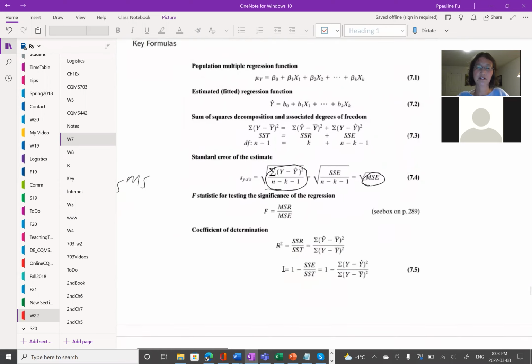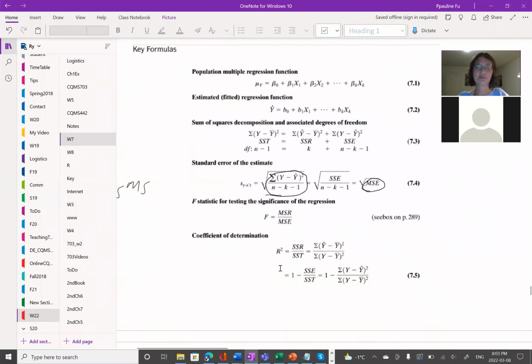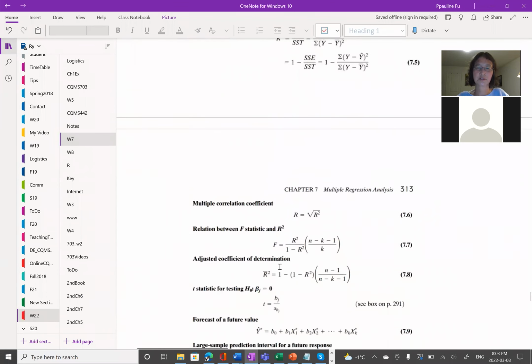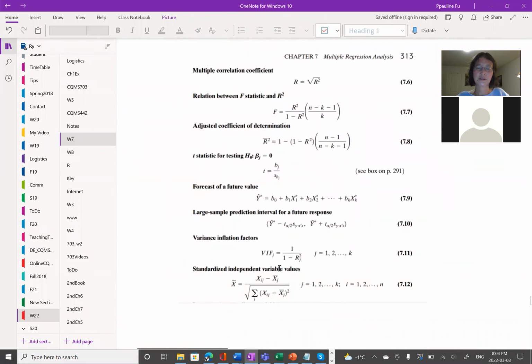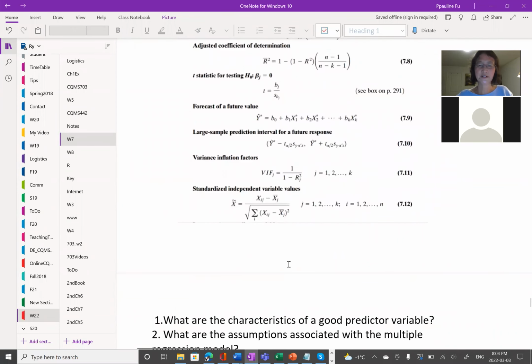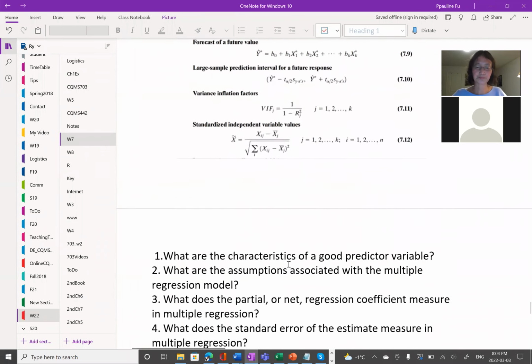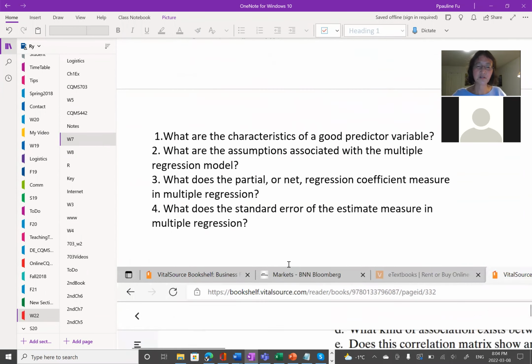We explained all those formulas from the output: adjusted R square, variance inflation factor. So there are many formulas in this chapter. Okay, so next we are going to go over some selected questions.